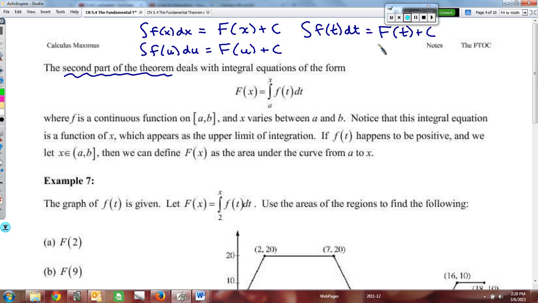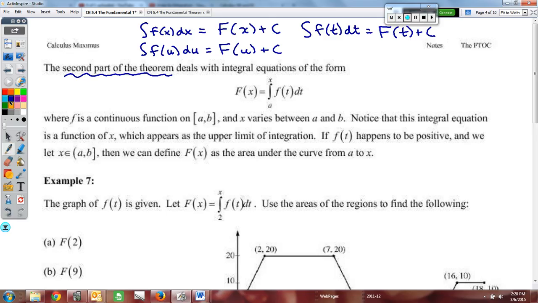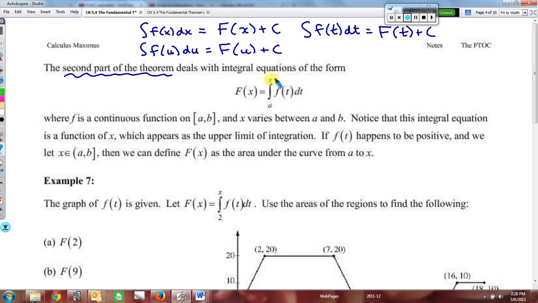Because I think the one thing that confuses students the most about the second part of the theorem is this idea that all of a sudden I'm going from x's to t's here. Well, there's a reason why I'm changing the variable inside the integrand, and it has to do with the fact that I am going to be using the variable x as one of my bounds. And since I am using x as one of my bounds, I can't also use x as the variable in the integration because I've used it.